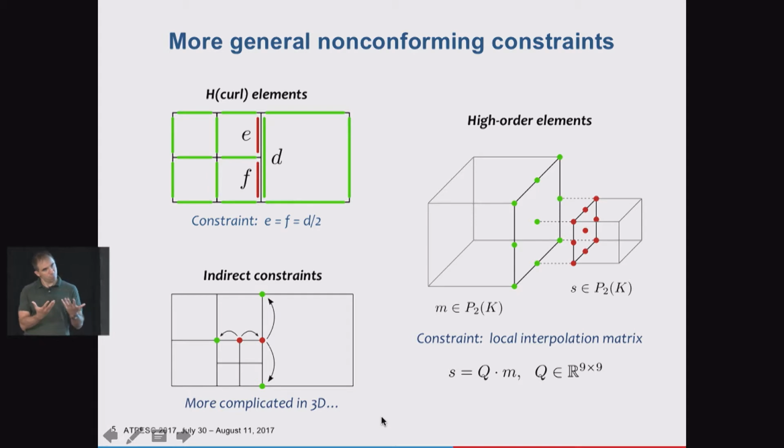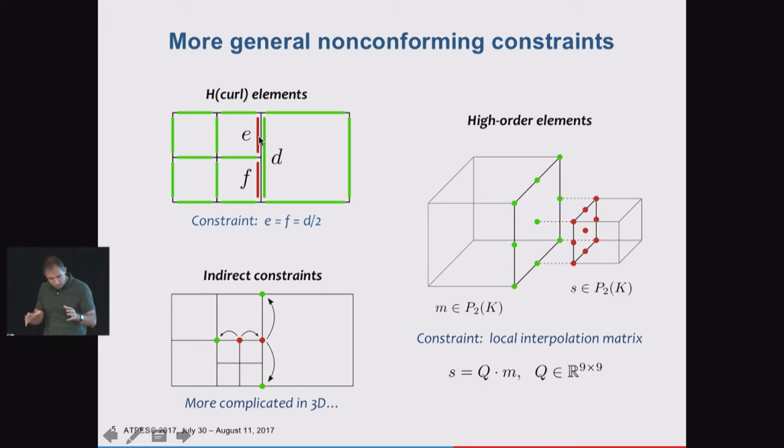This was a pretty simple case. But if you have more interesting spaces, for example H(curl), where the degrees of freedom are associated with the edges, then what happens is that these red edges become slaves of the edge D, and the constraint here is that they're half of the value at D. This actually depends on the orientation, but assuming they match orientation.